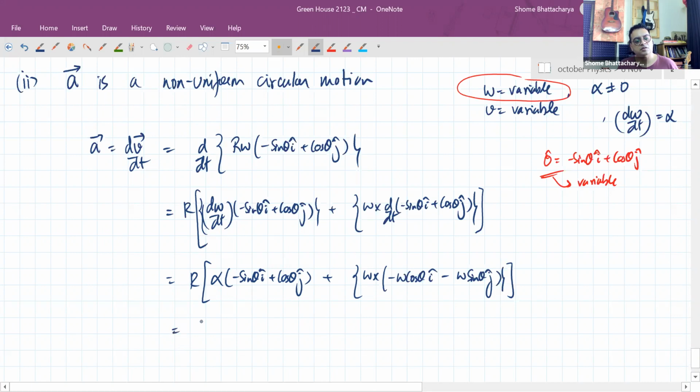So this becomes R alpha, with the minus sign here.